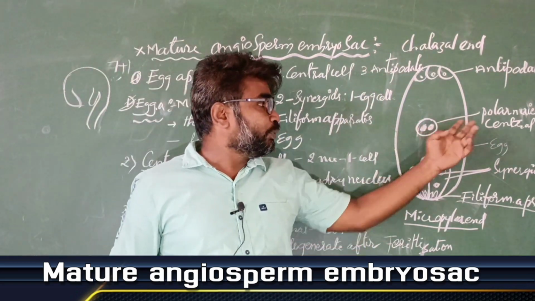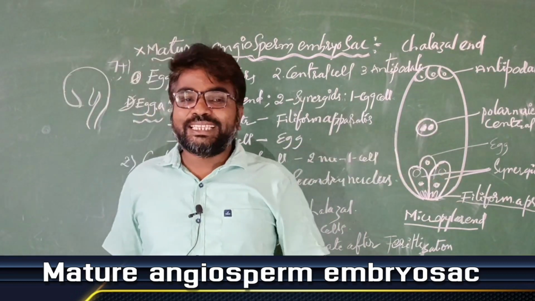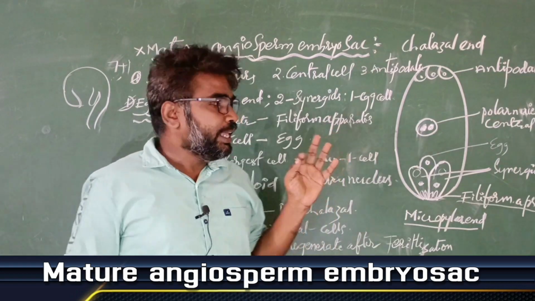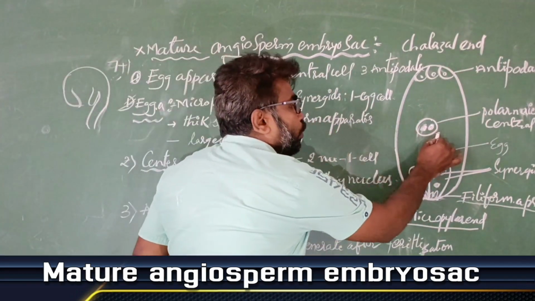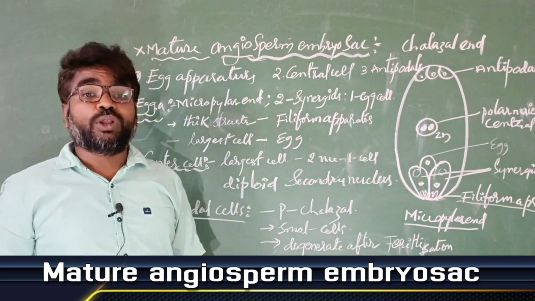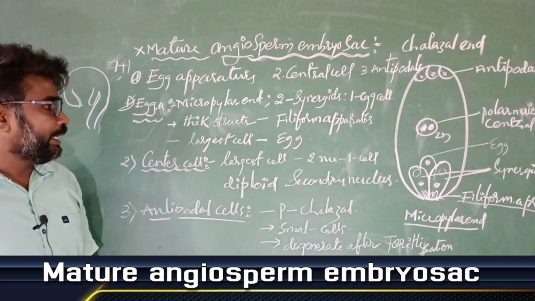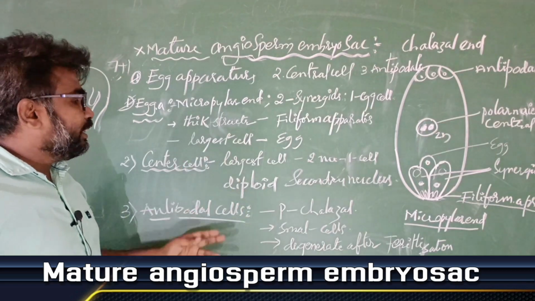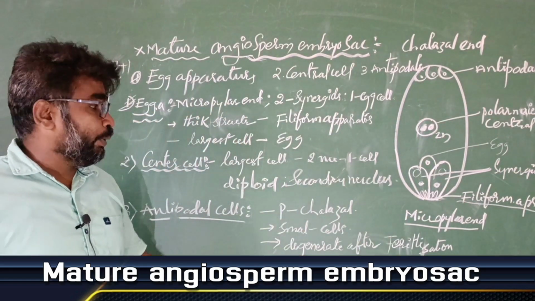That nucleus we call the polar nuclei, and that cell we call the central cell. The central cell is 2n in state, that is diploid.